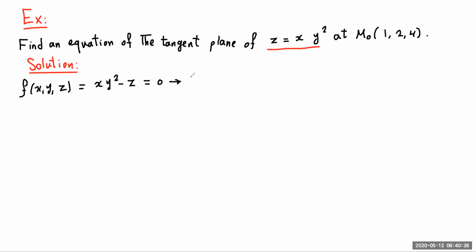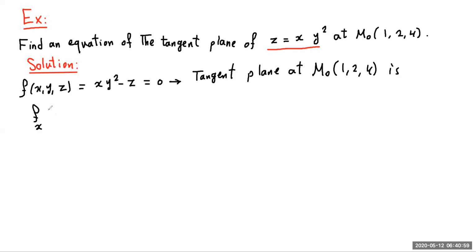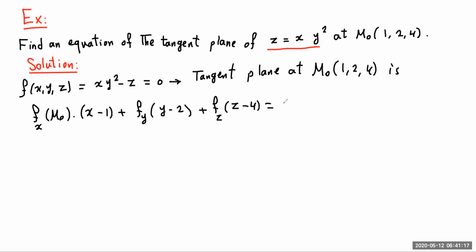So the equation of the tangent plane at the point M0 (1, 2, 4) is the partial derivative of f with respect to x at M0 times x minus 1, plus partial derivative of f with respect to y at M0 times y minus 2, plus partial derivative of f with respect to z at M0 times z minus 4, equals 0.